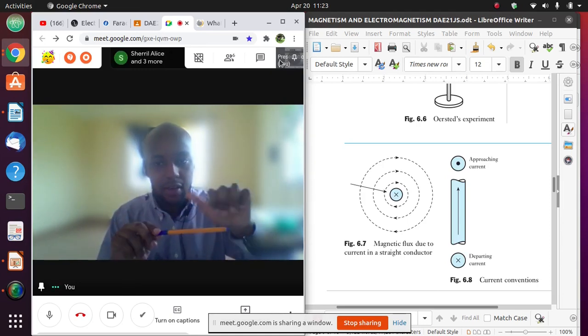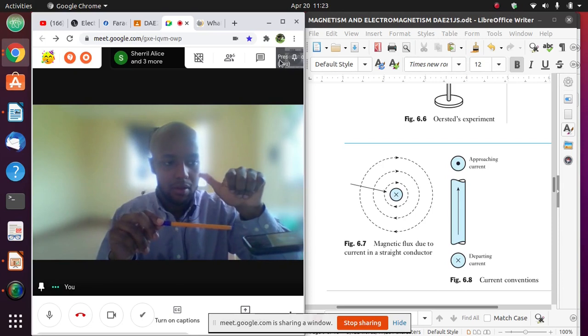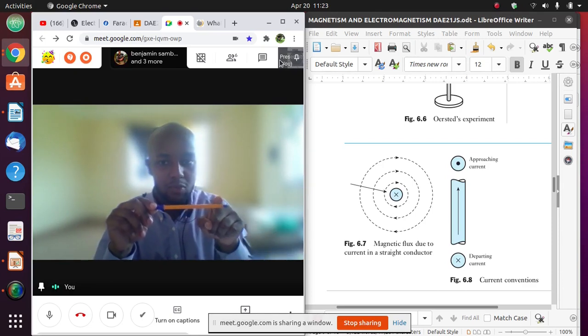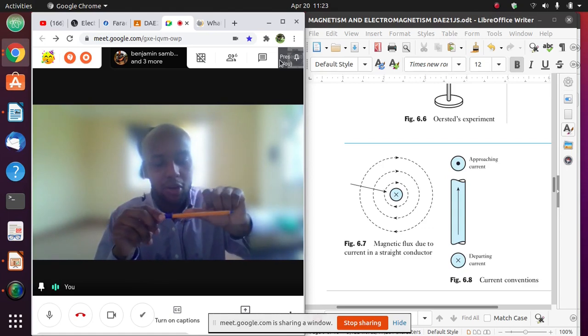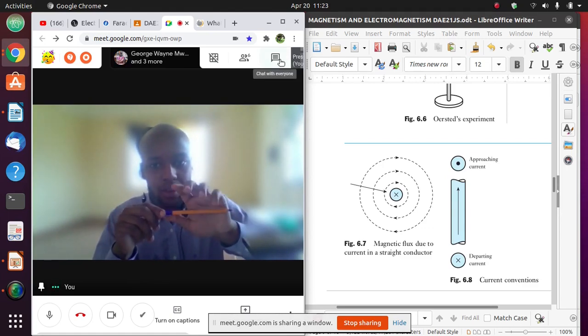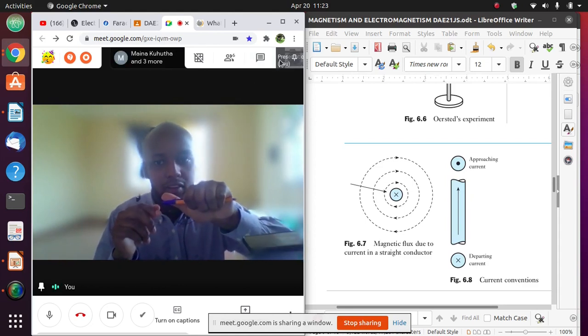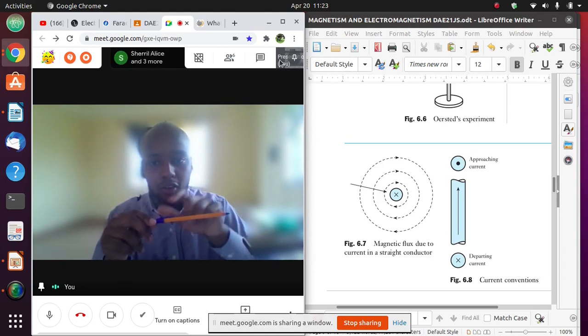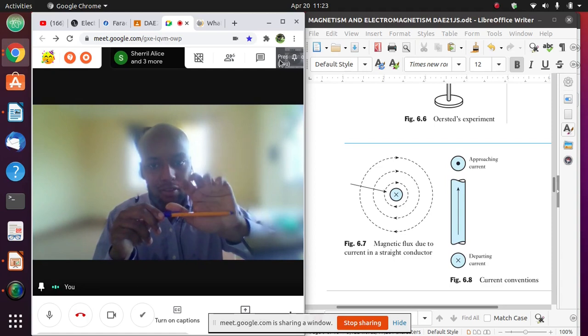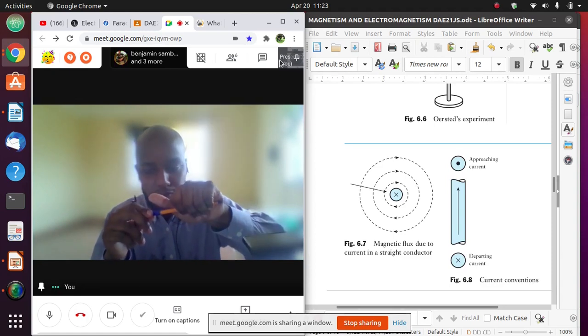If I take my thumb, and say my current is moving from this point to this point, I point my thumb in the direction that the current is moving, and my fingers will point to the direction of the magnetic field. So if my current is moving from this point to this point and I put my thumb along the same axis, then these fingers will show the direction of the magnetic field.